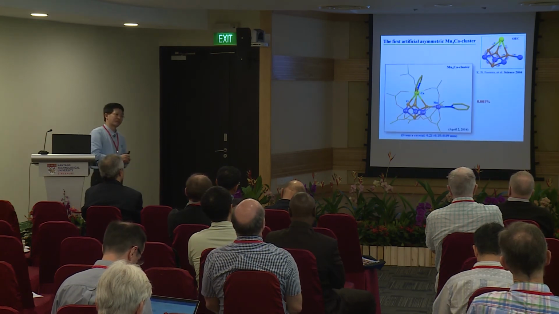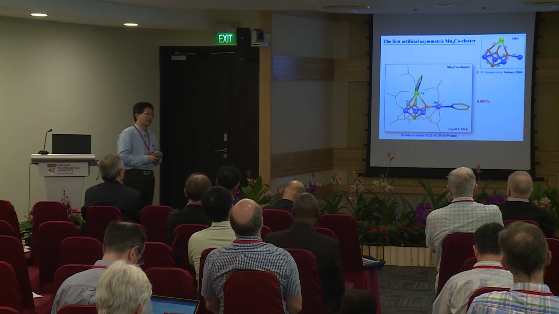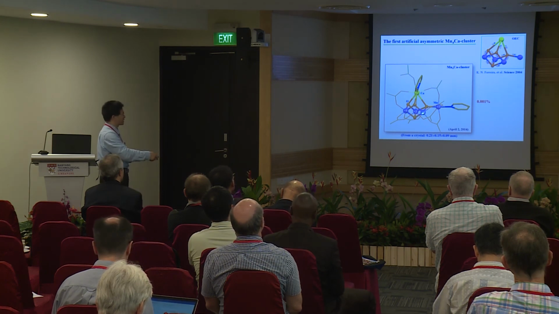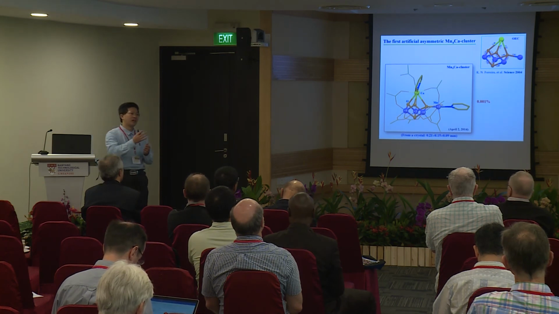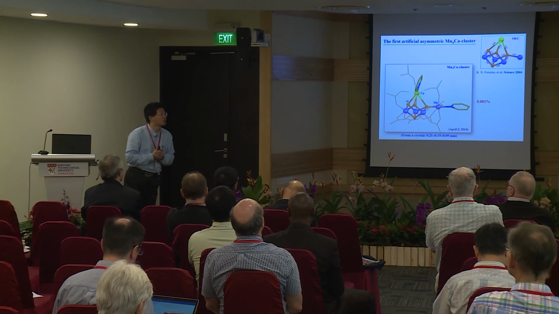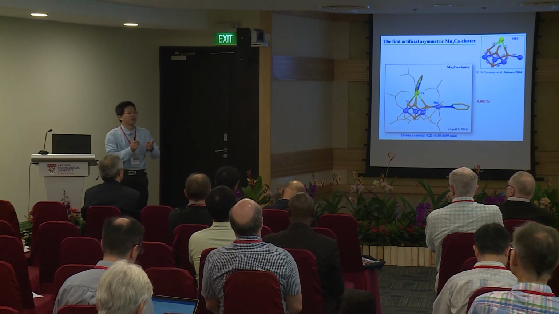We were so surprised, so lucky, because almost the next year we got this structure: 4 manganese, 1 calcium, with manganese oxidation states 3, 4, 3, 3, 4, 4. This structure is very clear. And James asked me about the resolution of this structure two days ago.